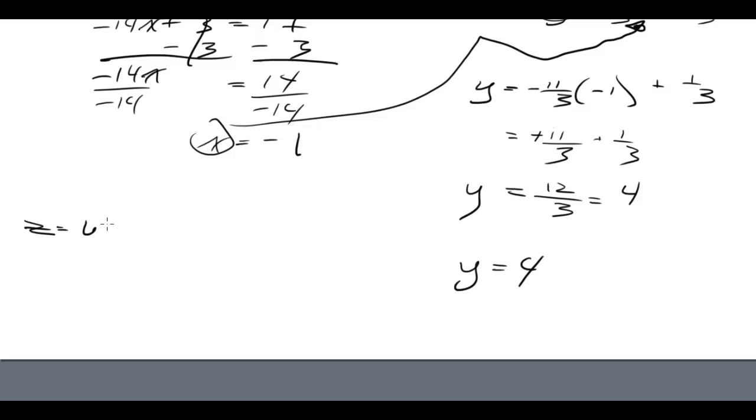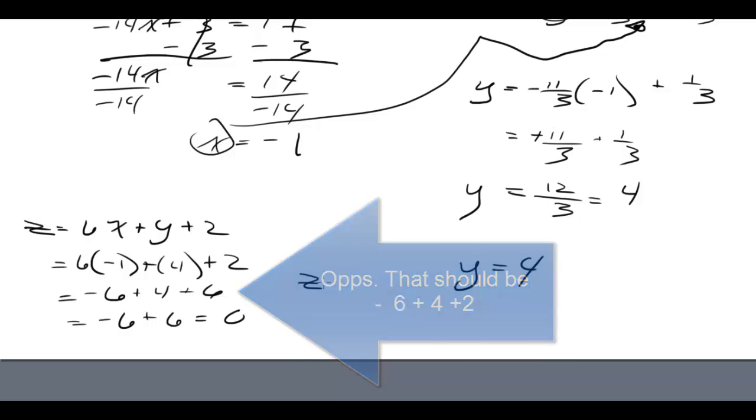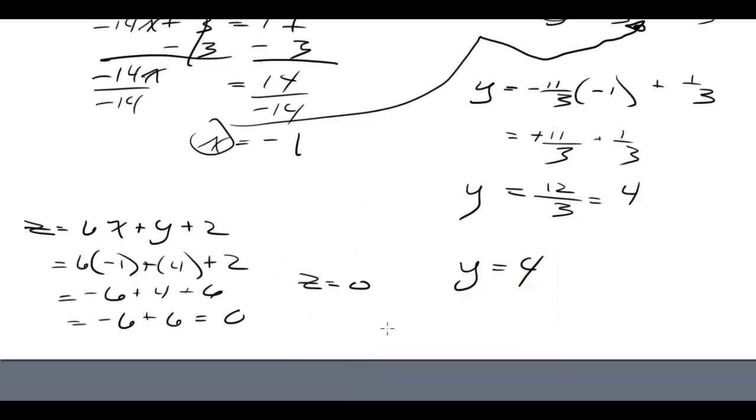So now we're going to substitute 6 times minus 1 plus y, which is 4, plus 2, which equals minus 6 plus 4 plus 2, which equals minus 6 plus 6, which equals 0. So I get z equals 0. And my solution is minus 1, 4, and 0.